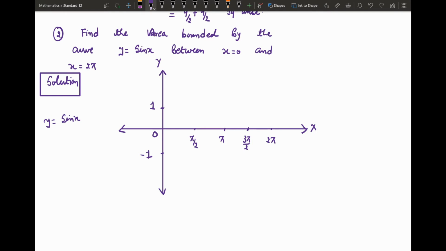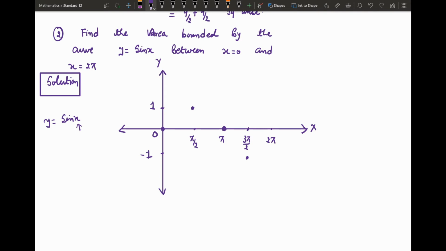If we take x equal to 0, sin 0 is 0. So one point is this one, x 0, y 0. Now here you take x equal to pi by 2, sin is 1. So this will be a point of the graph. If x equal to pi, sin pi is 0. So another point is this one. If we take x equal to 3 pi by 2, sin 3 pi by 2 is minus 1.